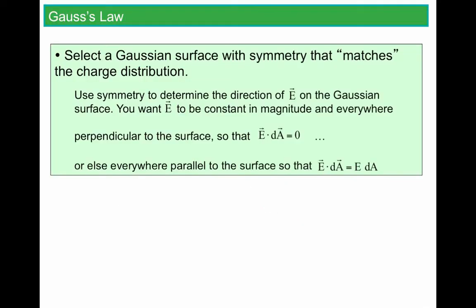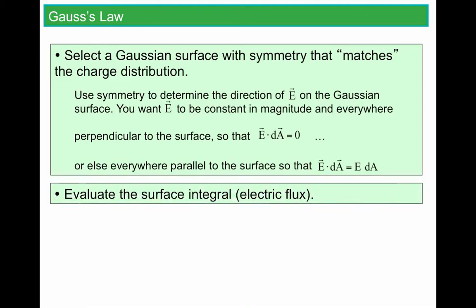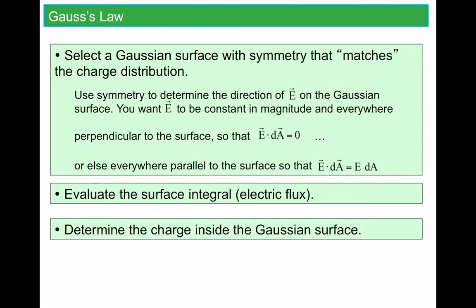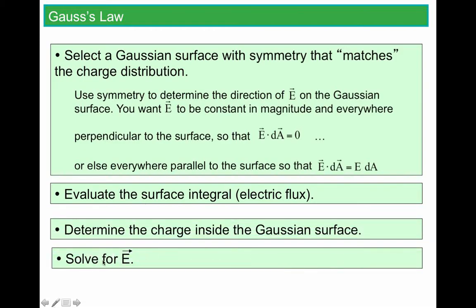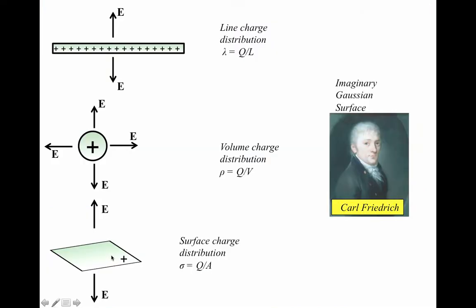So we've done this example in the previous one. The way to do that is, first we need to construct a Gaussian surface with a symmetry that matches the charge distribution. Then, after that, we calculate the integral and solve it to find the electric field.